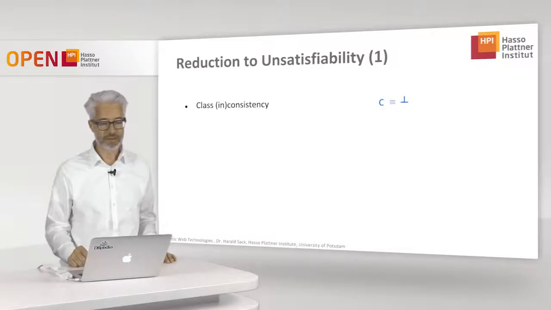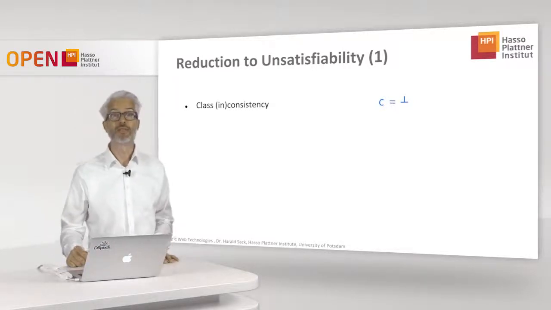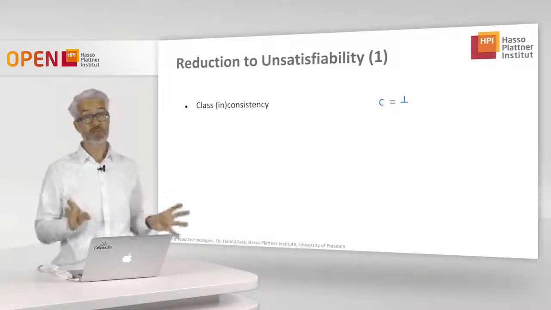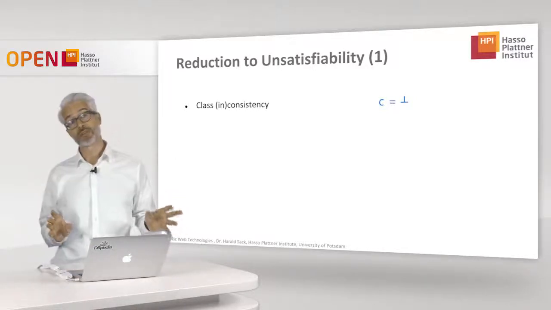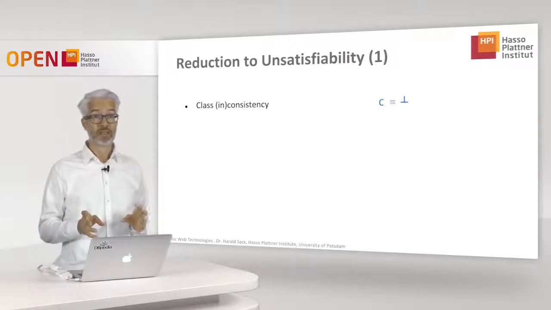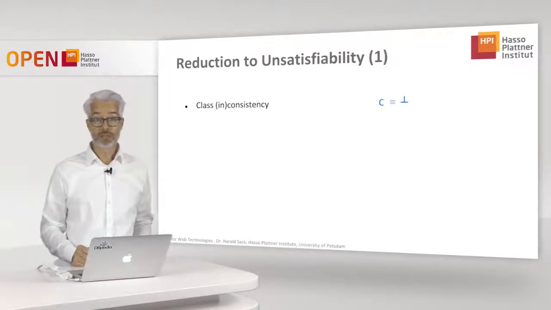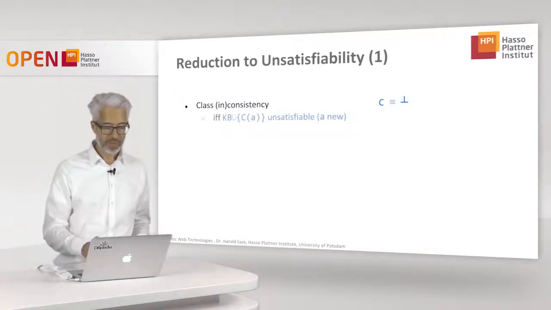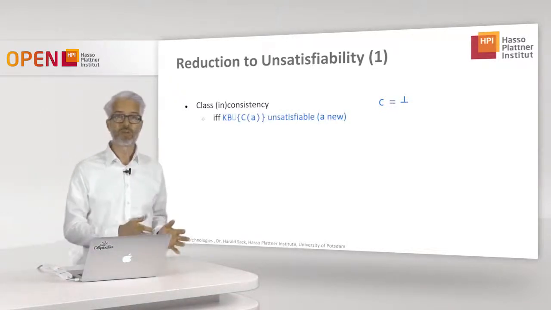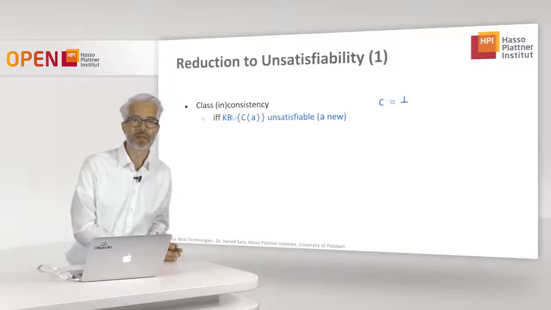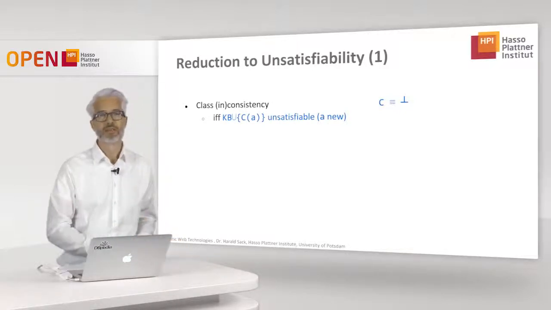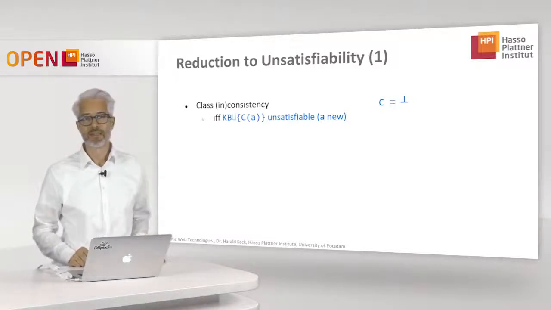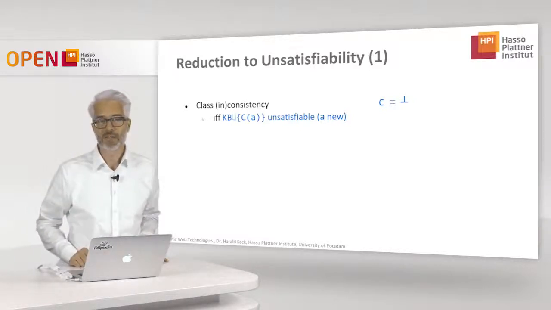So first let's look at class consistency or class inconsistency. How do I prove that? Usually we are considering a knowledge base, and the class of course is part of the knowledge base. What we can do here is reverse the entire problem. Therefore, we have to ask if our original knowledge base combined with the instantiated class is unsatisfiable.